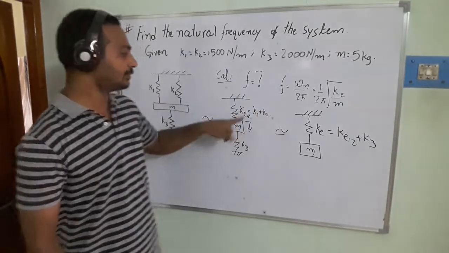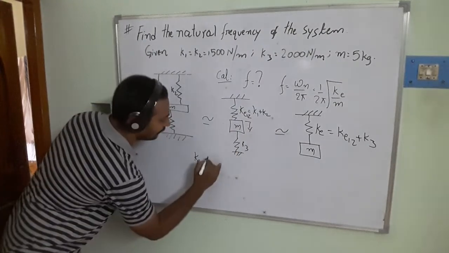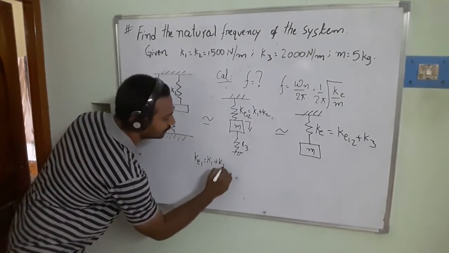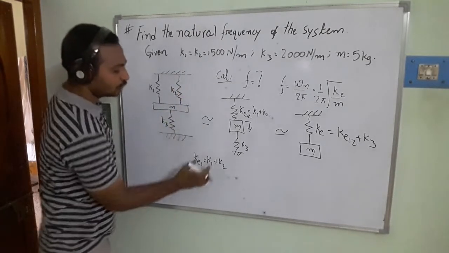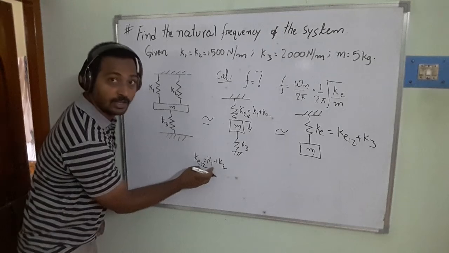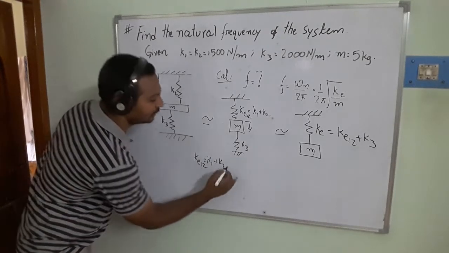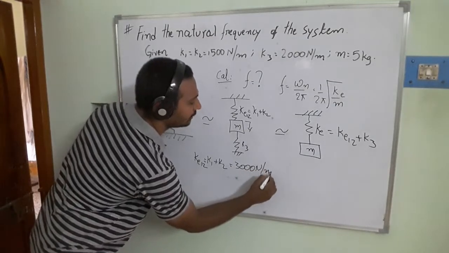Right? So now you come to here. KE12 is equal to K1 plus K2. As we know that K1 is equal to K2 is equal to 1500, the equivalent spring constant KE12 is K1 plus K2, that is equal to 3000 Newton per meter.